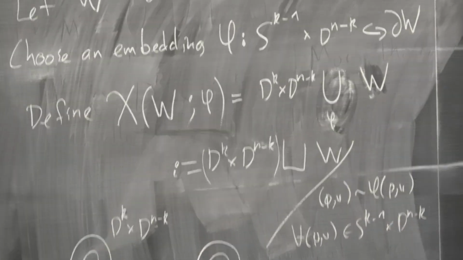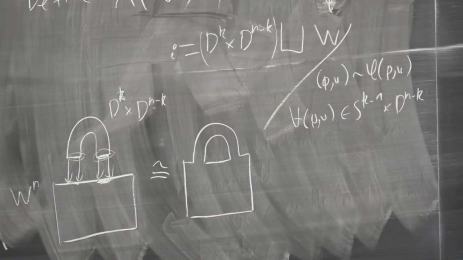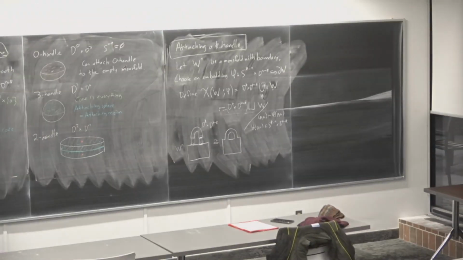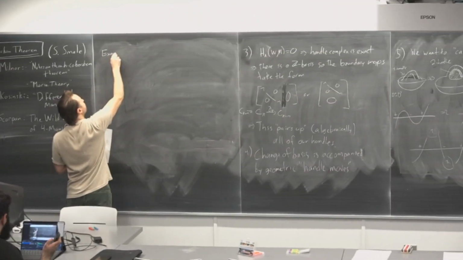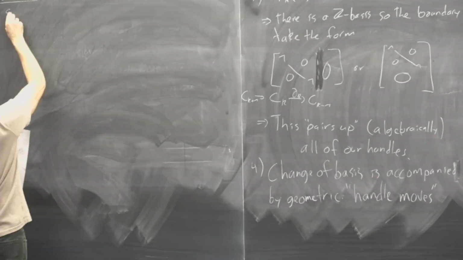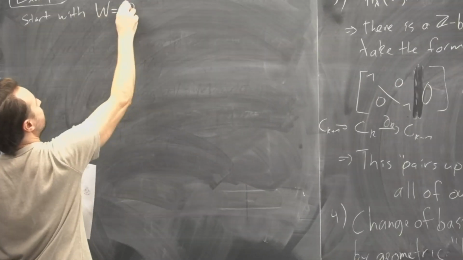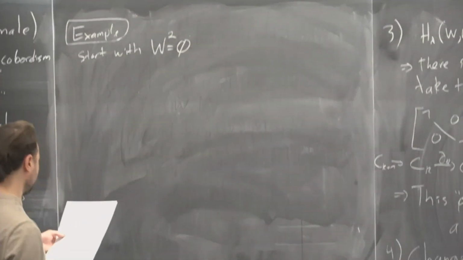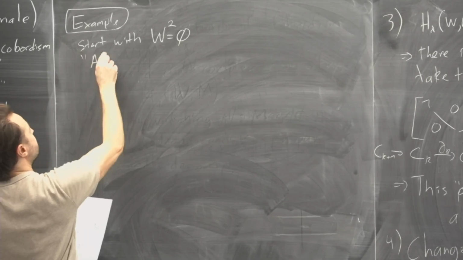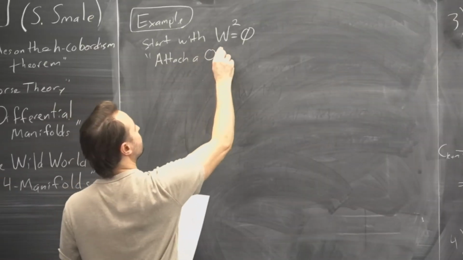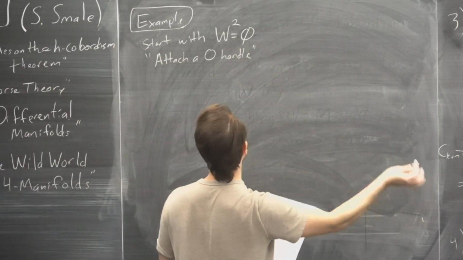Okay, so let's look at an example. That's too general. Let's look at something more specific. Let's start with W an empty manifold, and let's declare it to be two-dimensional. So we can attach a zero handle, because the attaching region of the zero handle is empty.